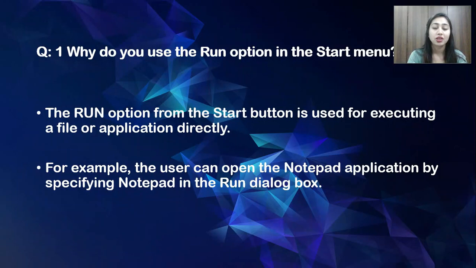Means students, run option looks like a search box and it works like a search box. For example, the user can open the Notepad application by specifying Notepad in the Run dialog box.